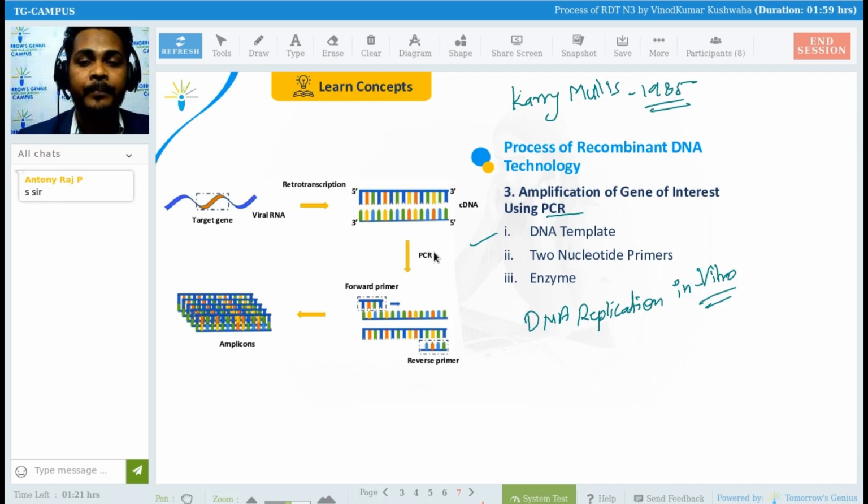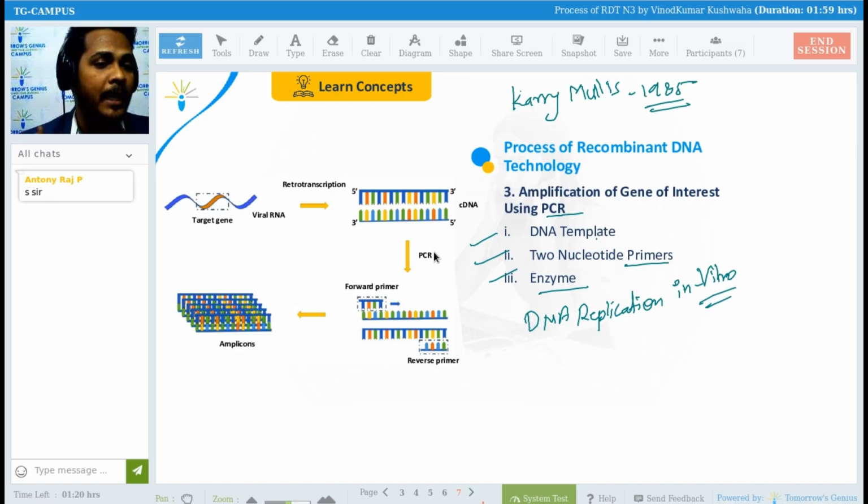Then you need primers, and along with that you also need an enzyme. These are the three important basic requirements to perform PCR. The first is the DNA template.